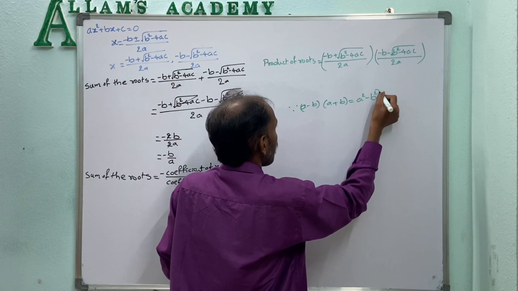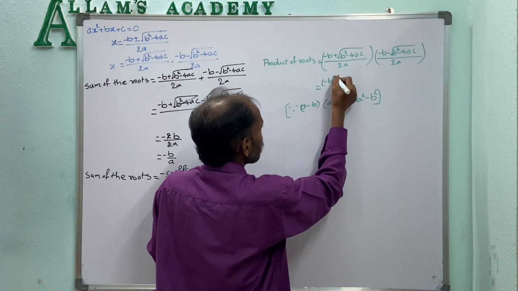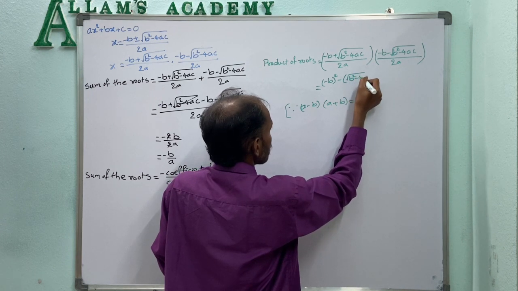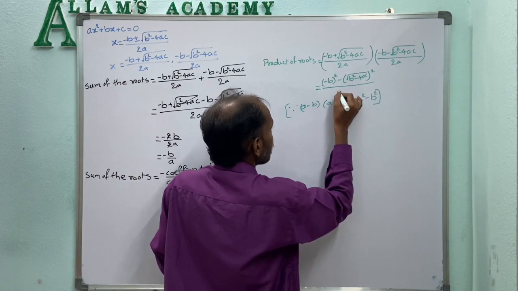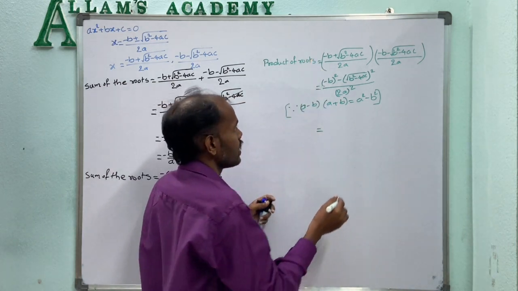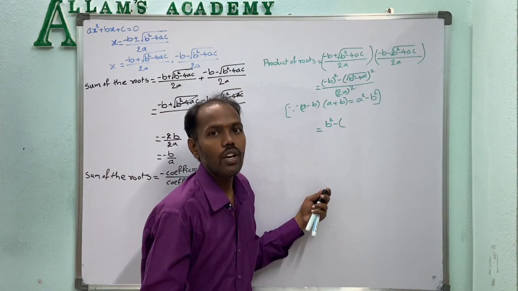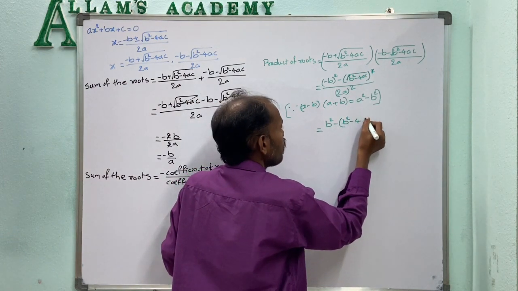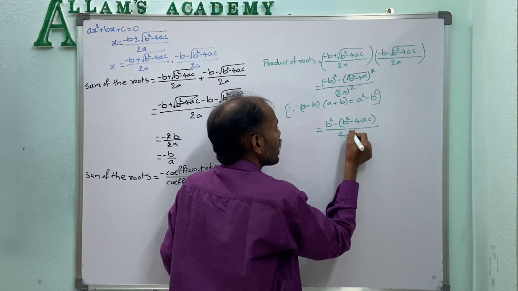Applying that formula, we get minus b whole square minus under root b square minus 4ac whole square, over 2a into 2a, which is 2a whole square. So minus b whole square is b square, minus under root b square minus 4ac whole square, where the square and root cancel, giving b square minus b square plus 4ac, that is 4ac, by 2a whole square, which is 4a square.